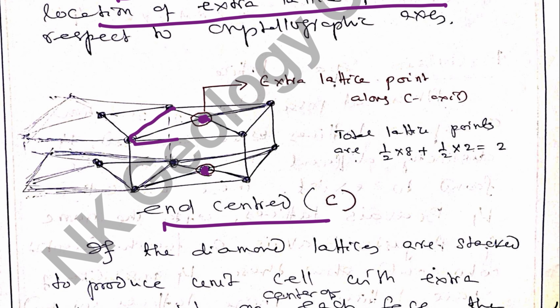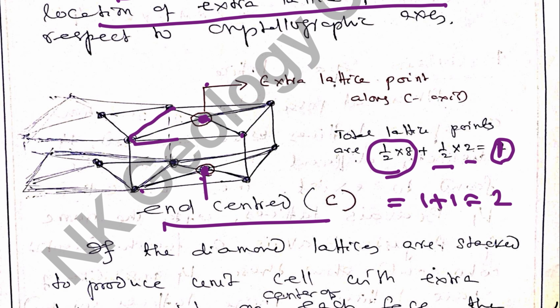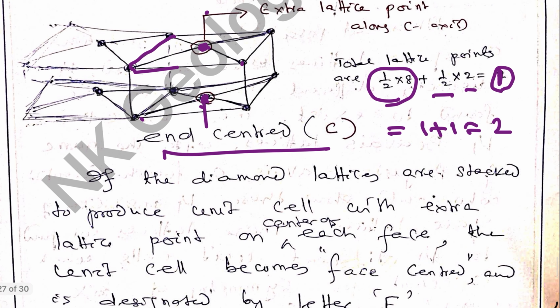So, what is the contribution of the end centered space lattice? The corners have this much contribution, and for this one, above it there will be one, below it there will be another unit cell. So, half into 2, this will be 1. So, total it will be 1 plus 1, that will be 2. 2 lattice points for end centered.